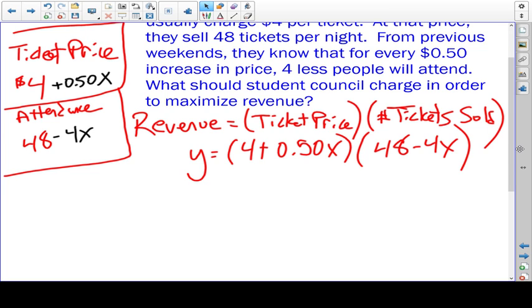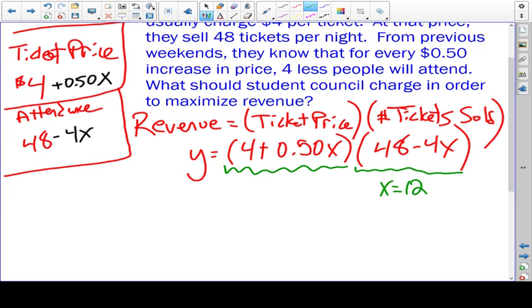I'll start off with the easier one. What value of x makes 48 minus 4x equal to 0? 12. So x equals 12 is one of the x-intercepts.